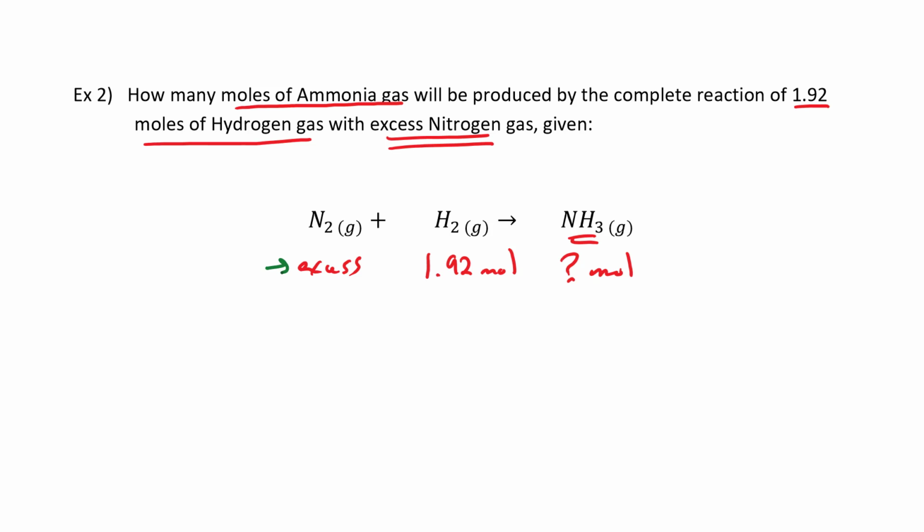When we talk about something in excess, you can imagine an infinite amount of the nitrogen here. It's in excess, meaning it is not the limiting reagent. Let's devise a game plan here.